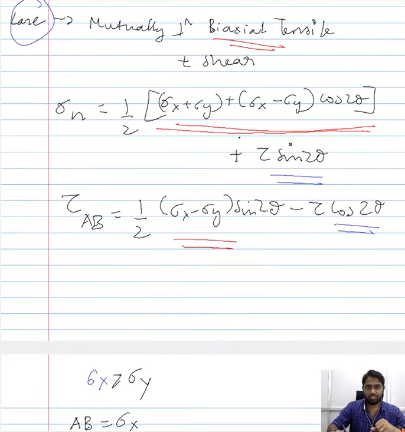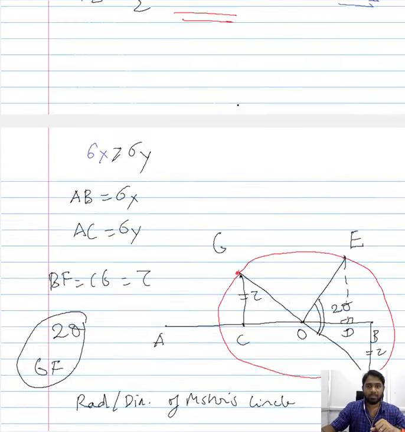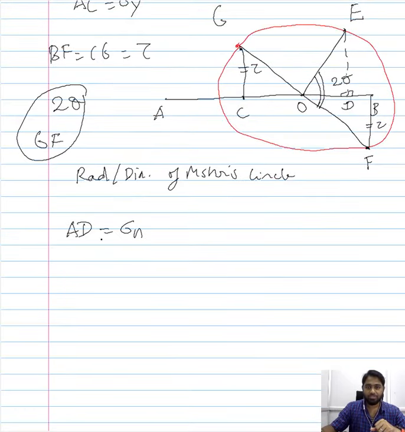Let us see if AD gives us a similar expression. For that we have to quantify AD, which can be expressed as AO plus OD. So AD is nothing but AO plus OD.